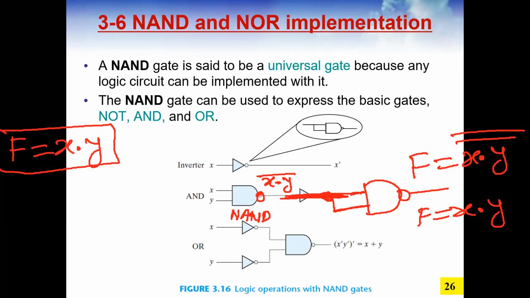So using two NAND gates, I am basically implementing the function of the AND gate, because the AND gate says F is equal to X and Y. I give X, Y at the input and get F is equal to X dot Y at the output, which is simply the AND gate function. Clear, girls?